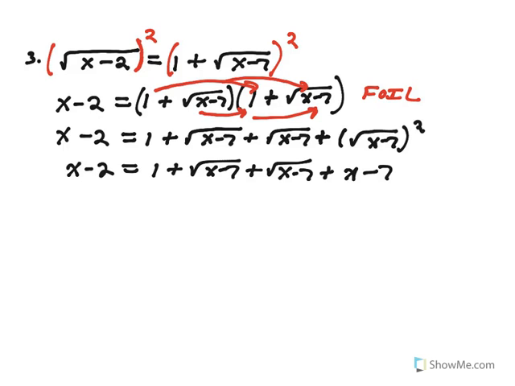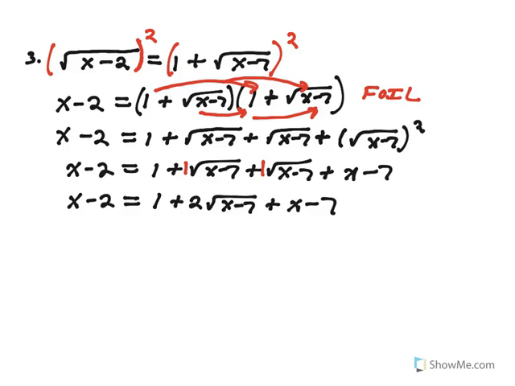And now when we combine like terms on the right side, okay, don't forget there's an imaginary 1 here, right? So when we add those up, it becomes 2 square root of x minus 7 plus x minus 7.